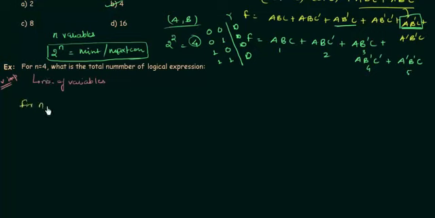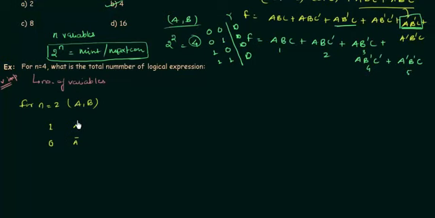For n equals 2, we have two variables, and let's say the variables are a, b. The first thing that we can have is 1, right? The second thing is 0. Then we can have a complement. When both a and b are 1, it means we have 1 or 1 is 1.